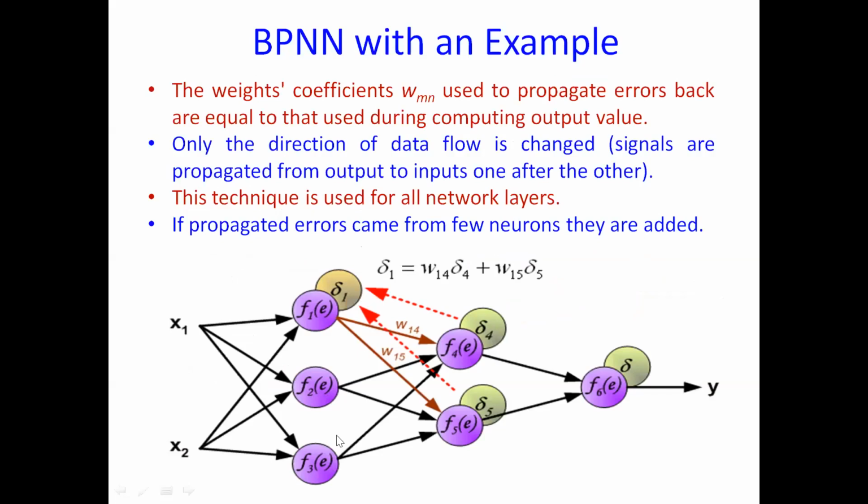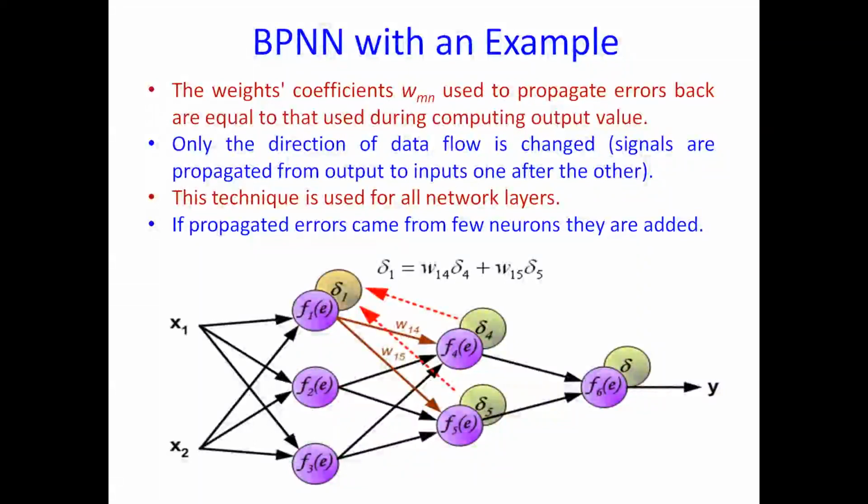Now, in this particular phase, you can see that whenever we compute this del 1, we need to consider both the backpropagated pathways, or both the backpropagated weights associated with the pathways. That is, one is W14 and another is W15. In that case, only the direction of data flow is changed.